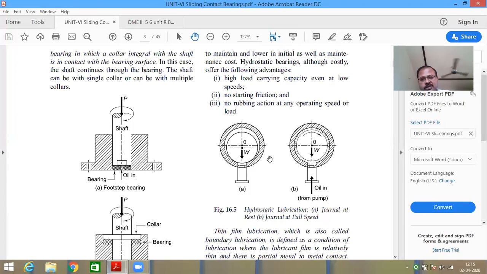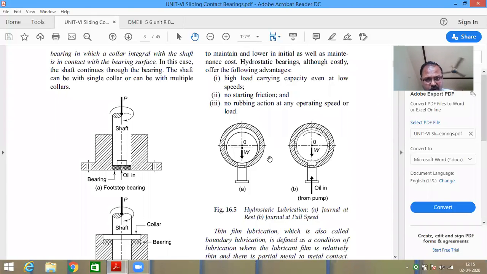For example, an oil sump, oil pump, hoses, and pipes will be there, and they will become the major sources of leakages in the system. Therefore, unless required, we do not go for hydrostatic lubrication; we go for hydrodynamic lubrication only.